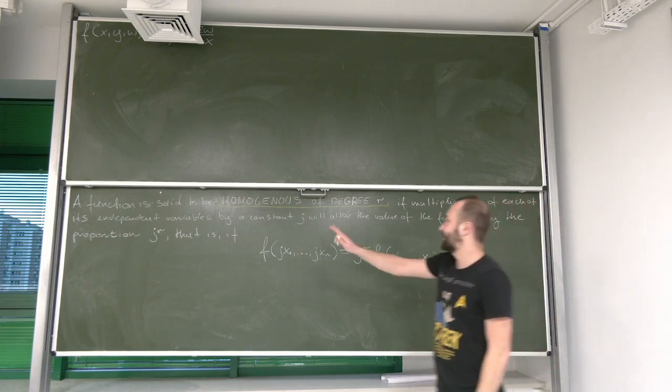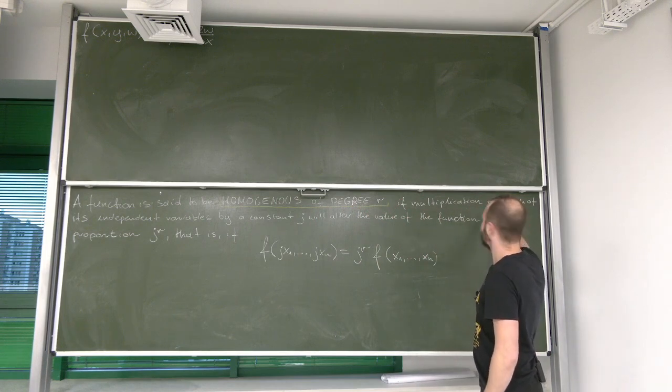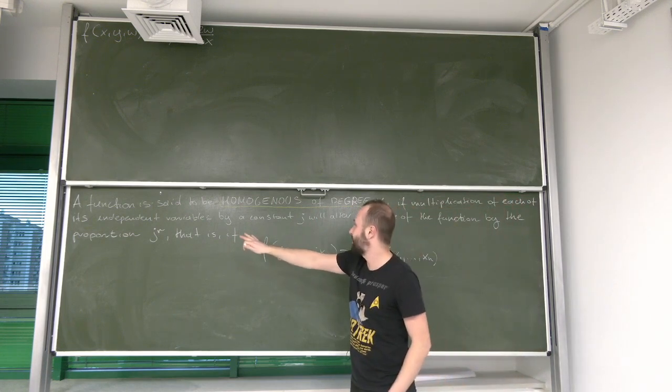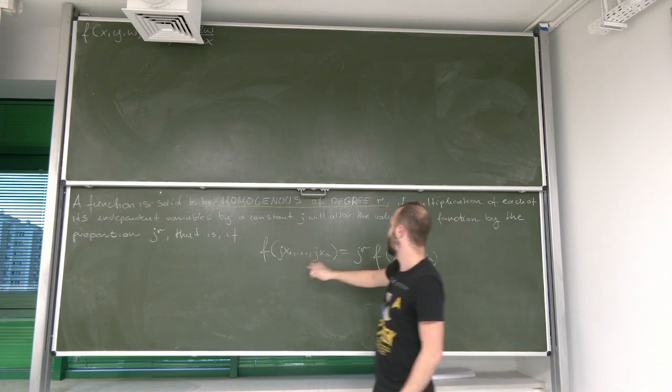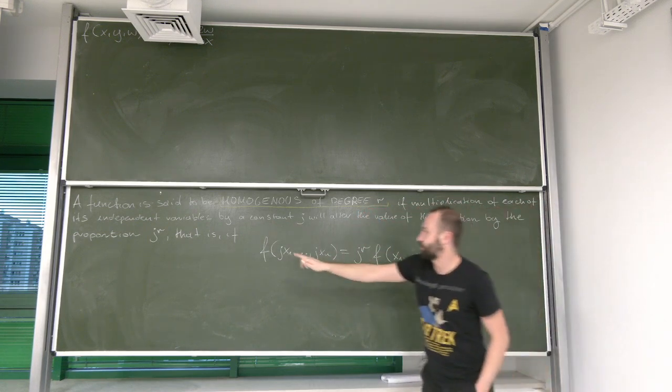A function is said to be homogeneous of degree r if multiplication of each of its independent variables by a constant j will alter the value of the function by the proportion j^r.